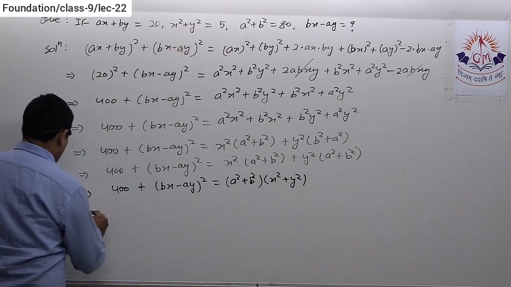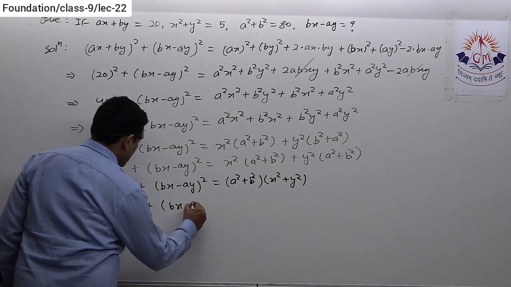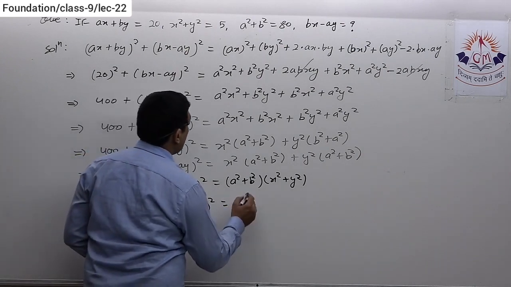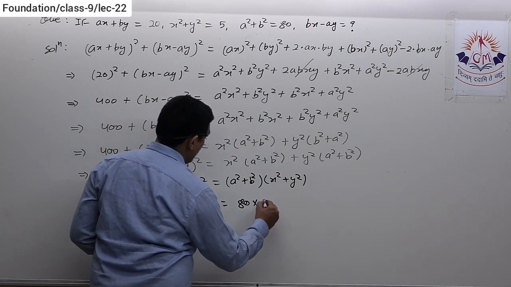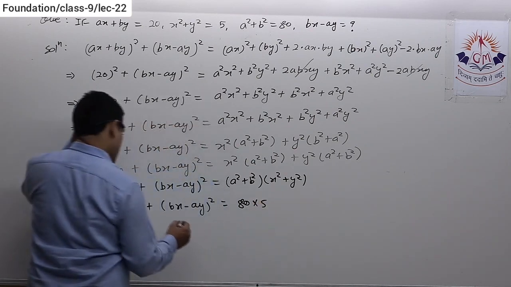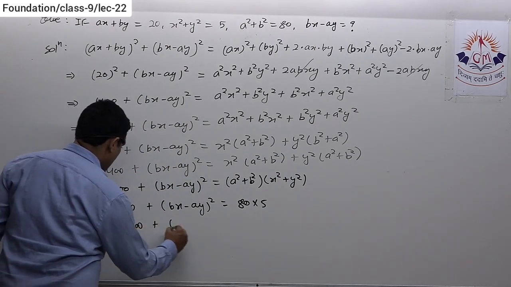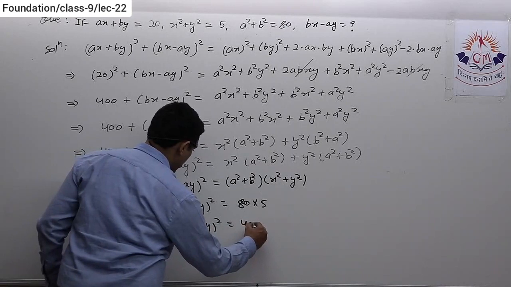So just by putting in the values I will get the value of the required expression. A square plus b square is 80, x square plus y square is 5. So 400 plus (bx minus ay) whole square is equal to 400.